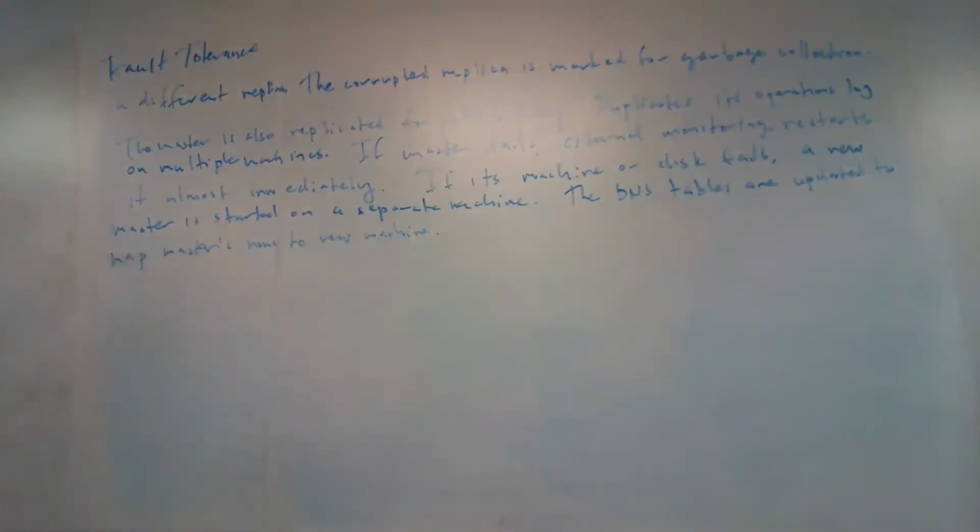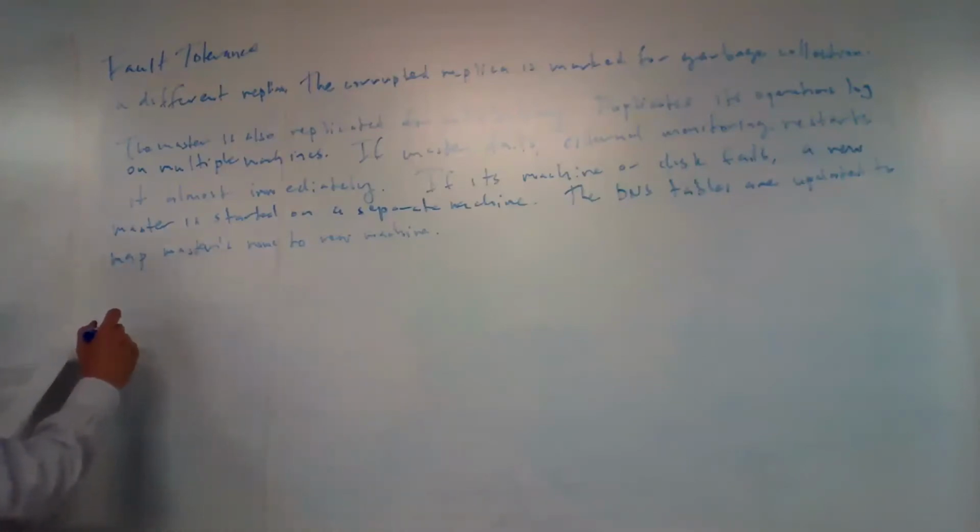Okay, so the way they do this is the master's operation log is used to replicate it on a new machine, and then the DNS tables are updated. So when you're asking for the master, you always do it by qualified domain name. And so since the DNS tables have been updated, you're just going to start getting a different IP address for the quote-unquote master. And so from the client's point of view, it doesn't really recognize that anything's changed, but it starts getting answers back again.